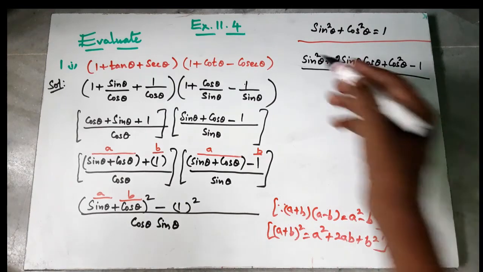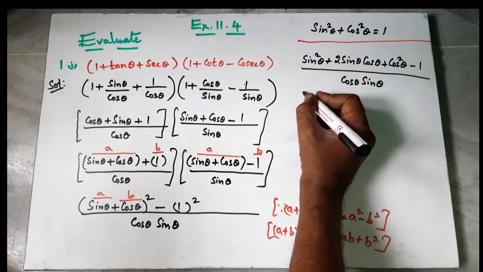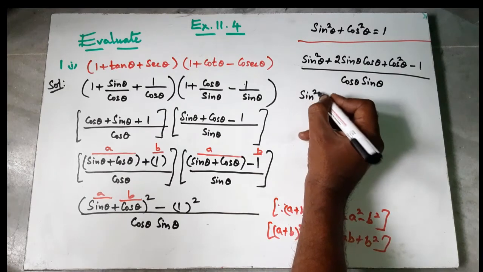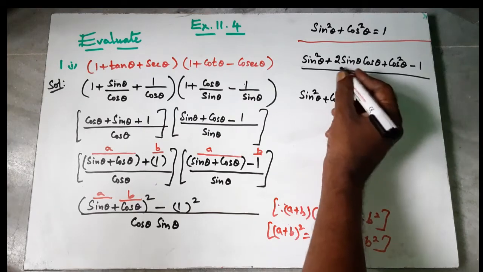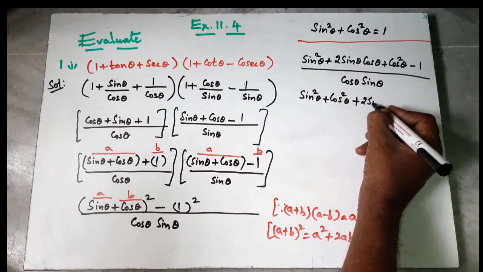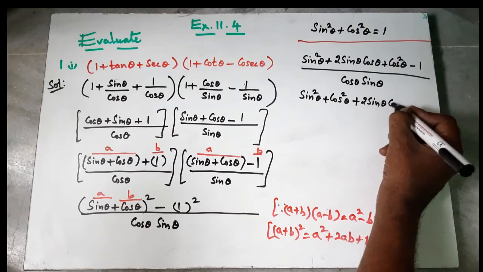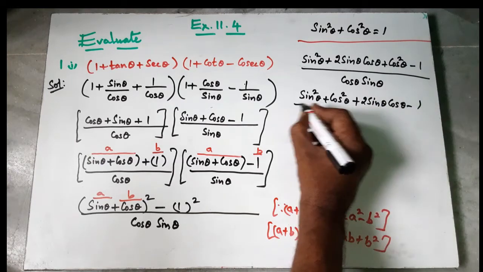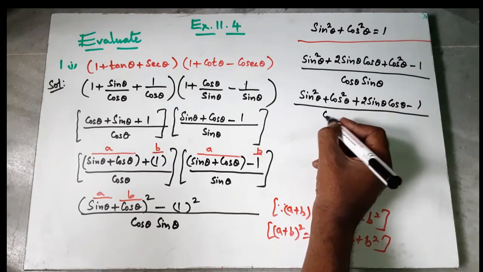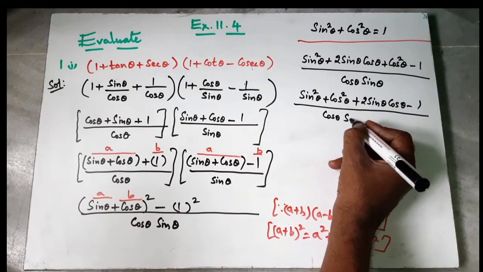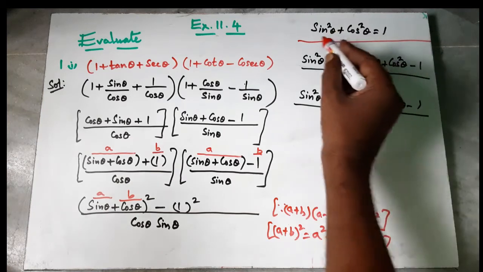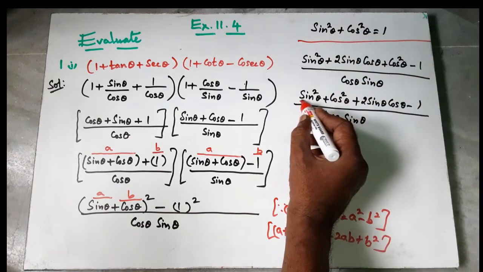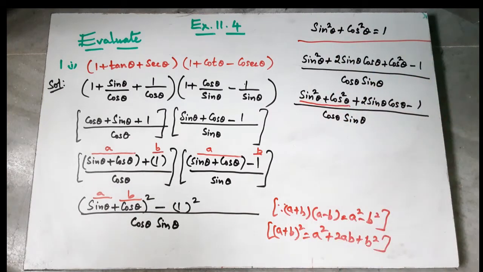Okay, now sin square theta plus cos square theta plus cos square theta plus 2 sin theta cos theta minus 1 by cos theta sin theta. Now we are going to use this identity, sin square theta plus cos square theta is equal to how much? This total value is 1.